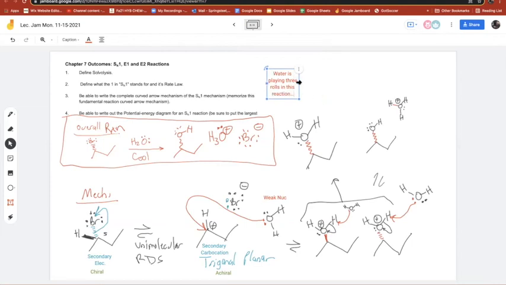What roles is it playing? What would you describe it as? Can anyone help me out with this? So one, it's being the what? It's the nucleophile. Yep. Cool. What else?